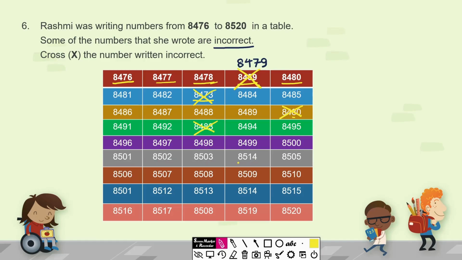Here she should write 8504, but she wrote 8514. So this is wrong. And after 8504, it should be 8505. So this is correct. 8506, 8507, 8508, 8509, 8510, 8501. She wrote again. No, here it should be 8511, but she wrote 8501. So this is wrong. 8512.